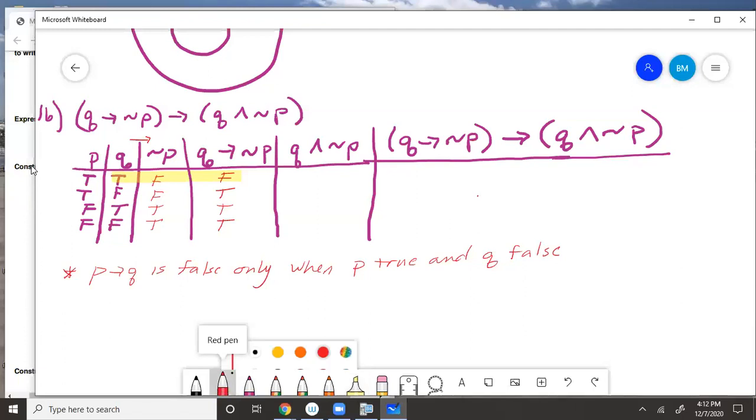Okay, let's keep going. Now we have the word and, right? So P and Q is true only when both are true, right?